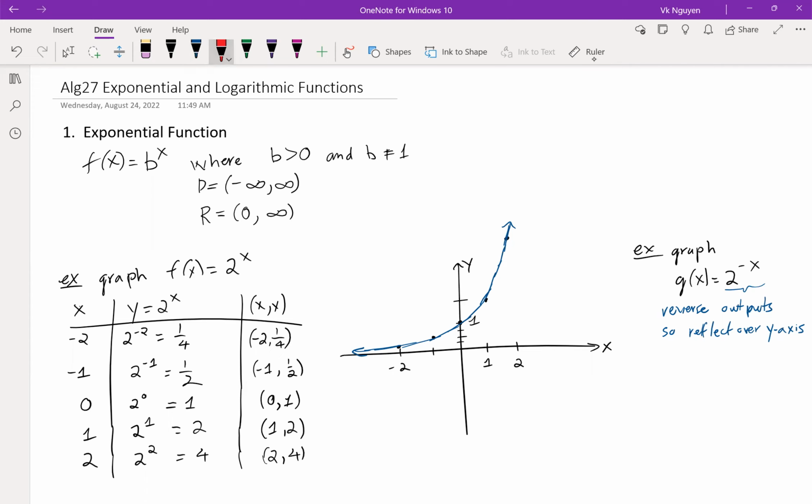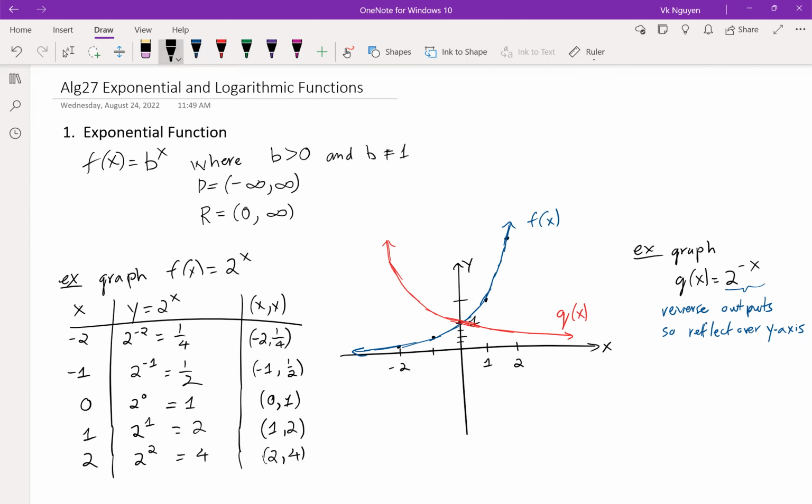This would be the graph of g(x). Pretty cool, huh?